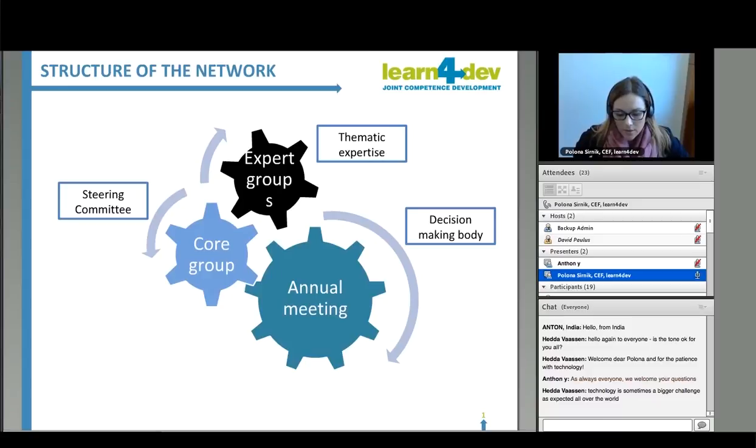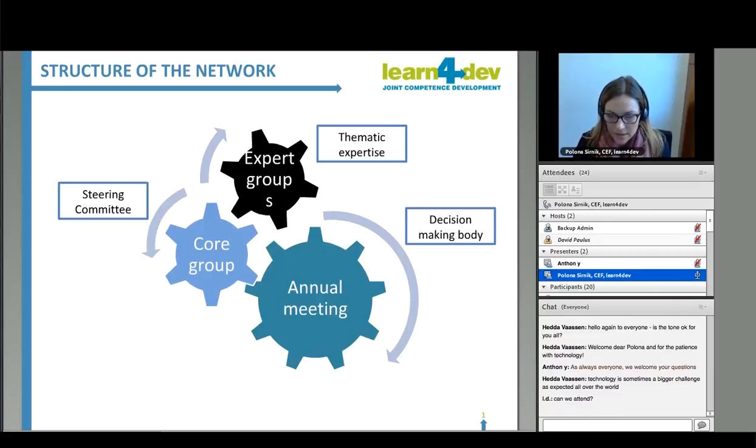It will be hosted by FAO, so Food and Agriculture Organization, and it will be co-organized by a French development agency. And the topic of the meeting will be innovations in learning and learning technologies.